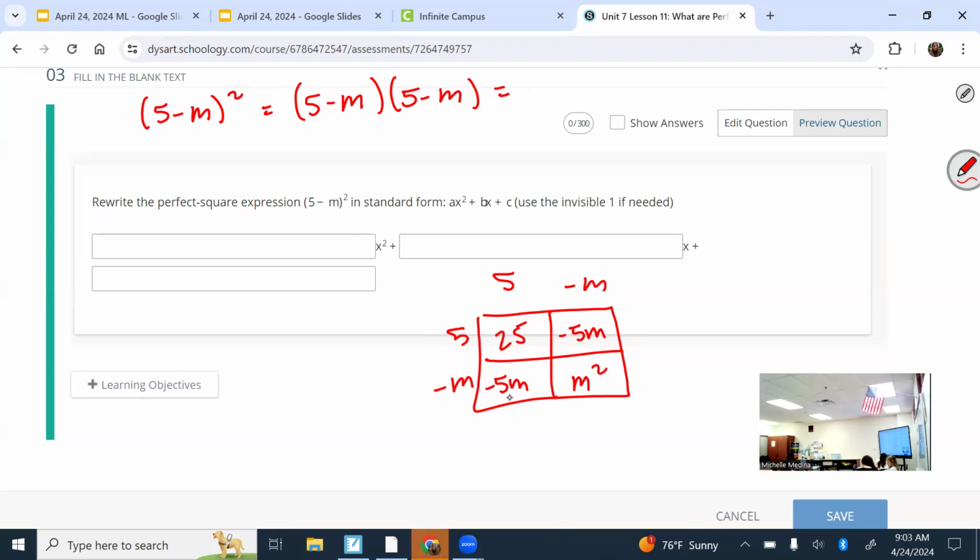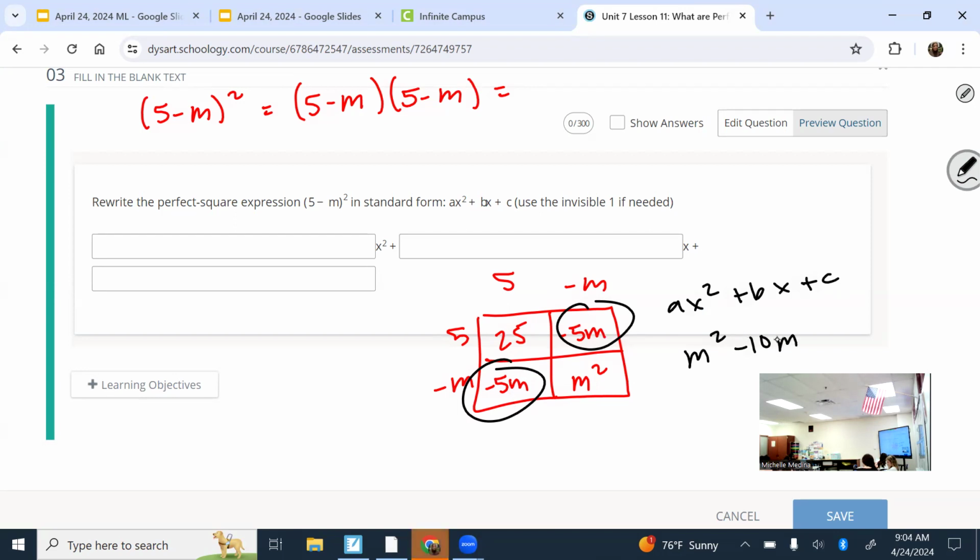Now, once you've filled in your box diagram, you definitely want to write it in descending order of exponent, like our normal standard form. So I'm going to write the m squared first. Then I have some like terms to combine with negative 5m plus negative 5m. At this step, we add them.